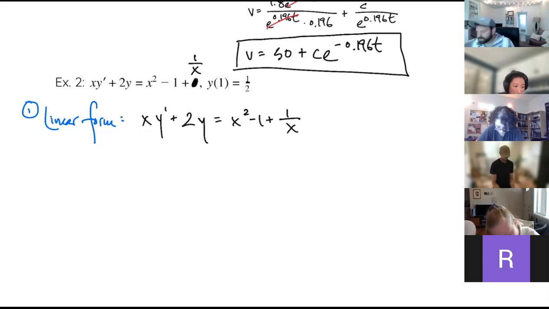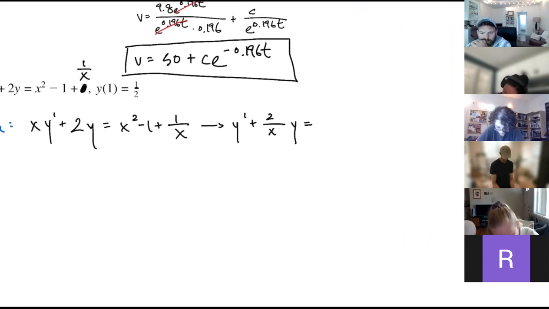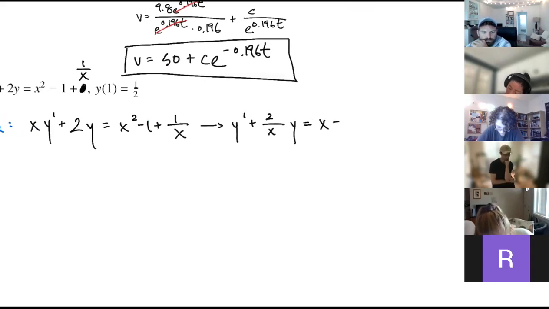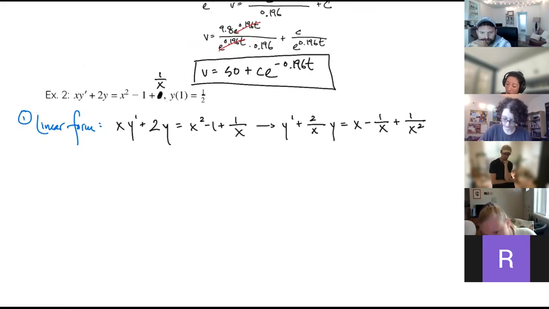So we get y prime plus 2 over x y equals x squared divided by x gives me x, minus 1 divided by x gives me 1 over x, plus 1 over x divided by x gives me 1 over x squared. Let's pause here to make sure we know where all of these came from. We're just dividing through by our a sub 1 of x.